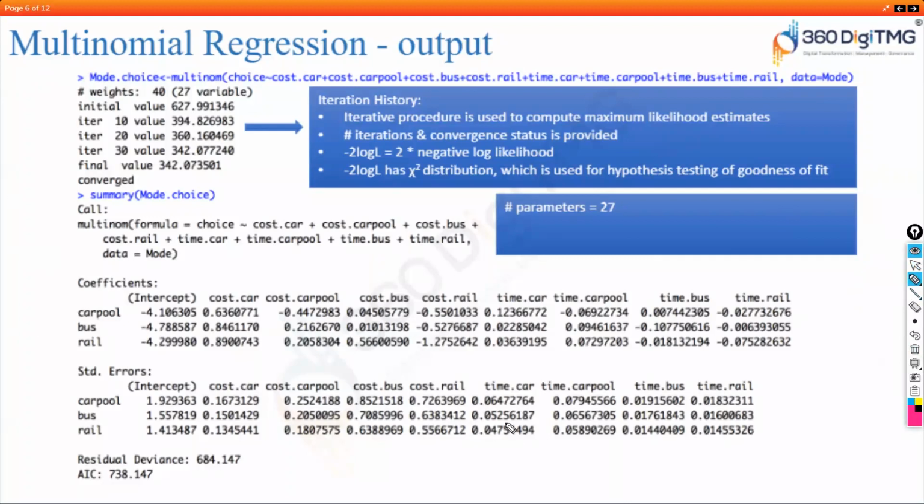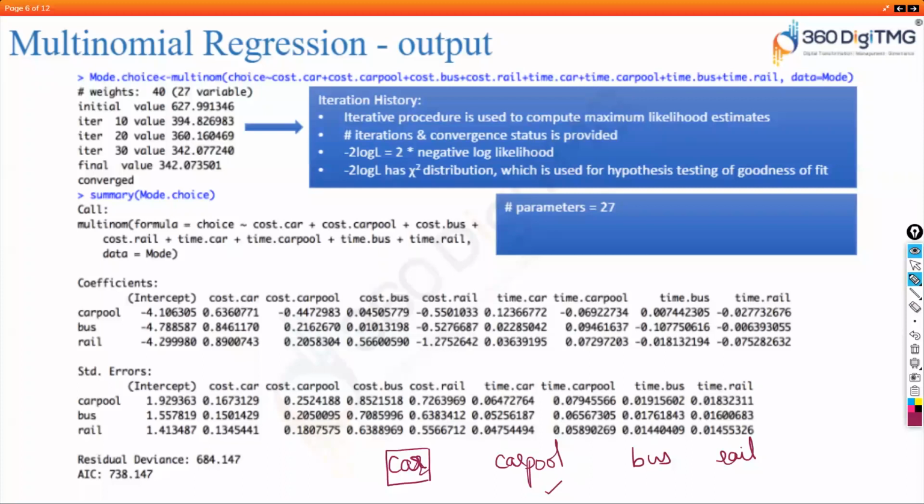Okay. So if you run this algorithm, out of the 4 modes, what are the 4 categories? Would a person travel via car? Or would that person prefer carpool? Or would that person prefer a bus? Or would that person prefer rail? This is what our business problem is. And here, car is not available.